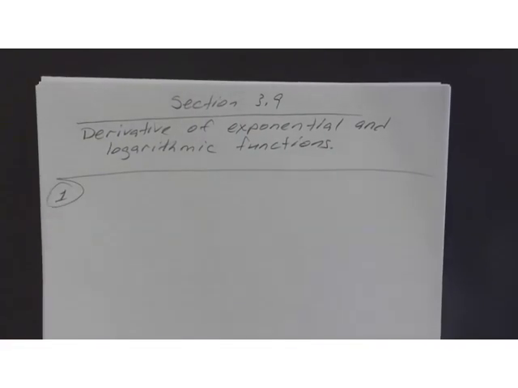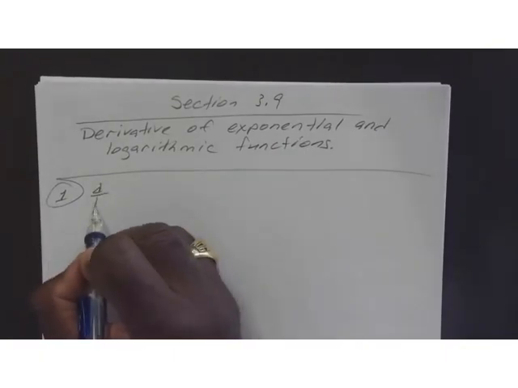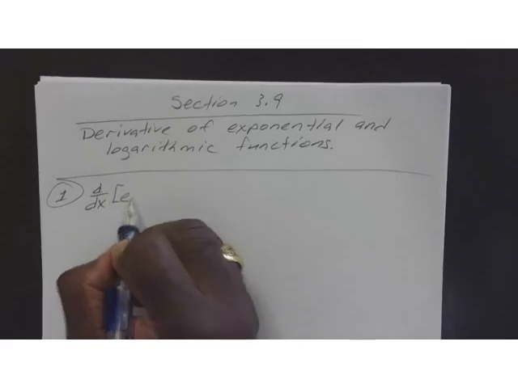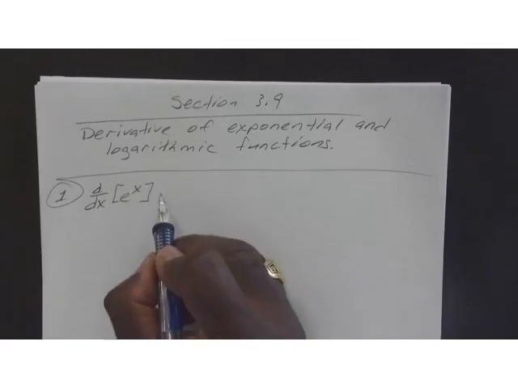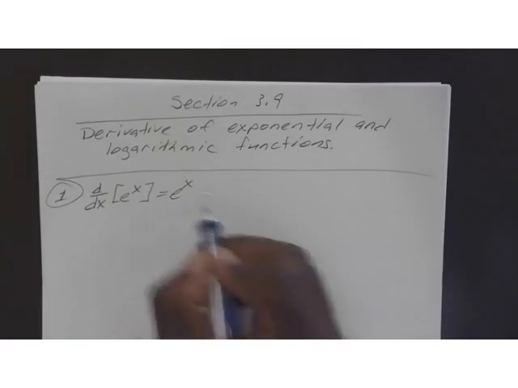Okay, so probably the easiest one to remember is the derivative with respect to x of e to the power of x. It's just e to the power of x.